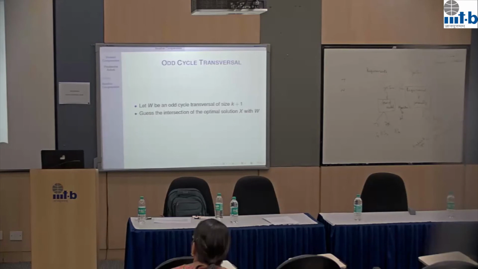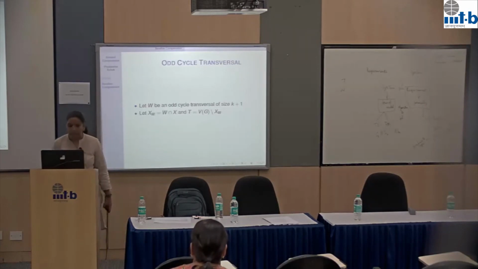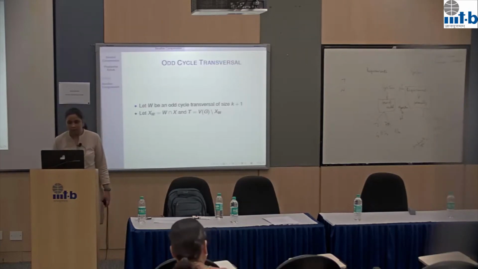We don't know it, so we iterate over all possible values of this intersection. Guess the intersection of the optimal solution X with W. Now we'll call this guess XW.